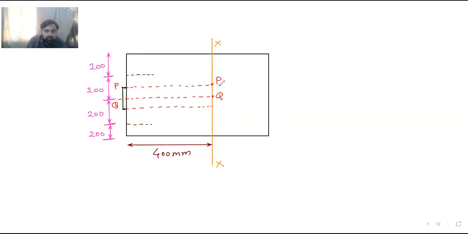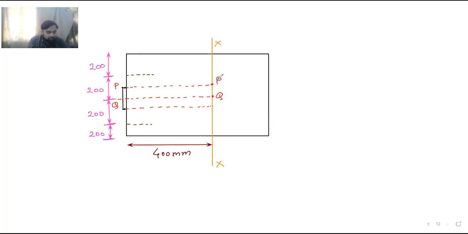I want to calculate the horizontal stress, vertical stress and shear stress at point P, at the horizontal section PP, and the shear stress, vertical stress and horizontal stress at the horizontal section QQ. There I need to calculate these three stresses, and these planes are located at a distance of 400 mm from the edge of the end block.